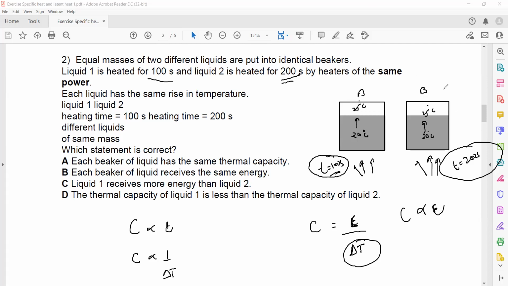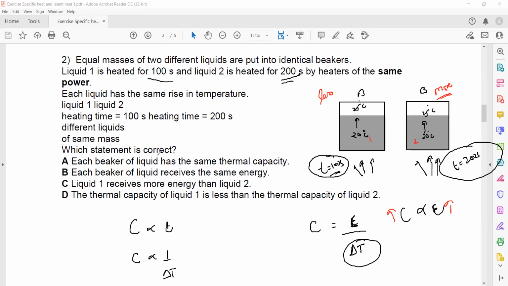So we can say that more energy is supplied to B and less energy is supplied to A. And the one to which more energy is supplied will have a higher thermal capacity or heat capacity. So the heat capacity of liquid 2 is more than the heat capacity of liquid 1.